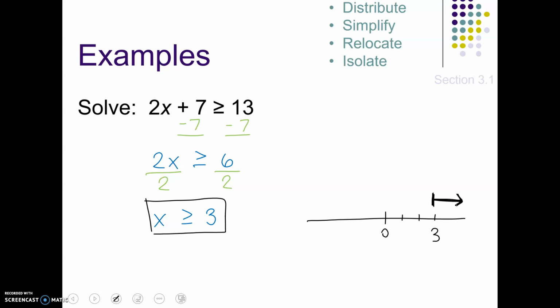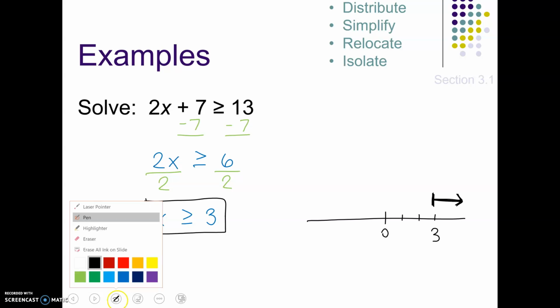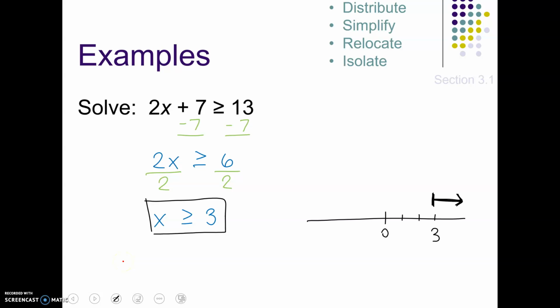One really easy way to remember how this works is there's kind of a neat coincidence here. When I have a greater than symbol, notice that it kind of looks like an arrow, and it's going to point in the same direction as my arrow on my graph. Another thing to keep in mind, if you have an equal to as part of your inequality, you will be able to equal this particular value.